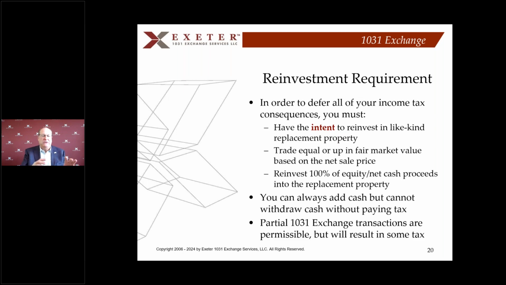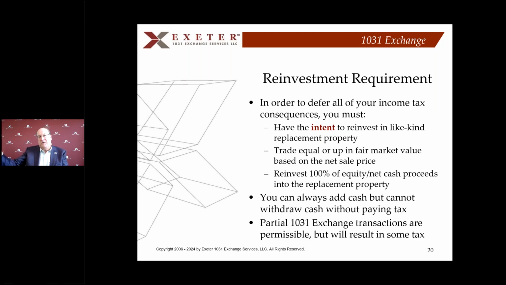What you do have to do is, let's say you've got a $1 million sale price, 600,000 debt, 400,000 of equity. You need to buy for a net of, say, $950, like we talked about. So you purchase one property for $950 or more. The 400,000 of equity has to be moved across the board to the new property. That's reinvested.